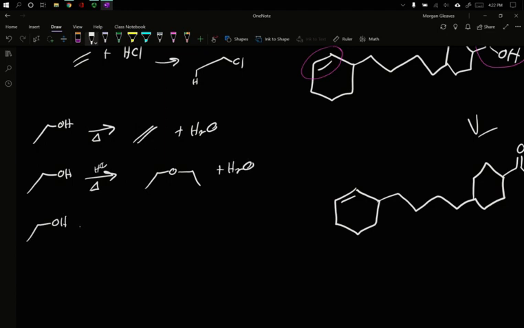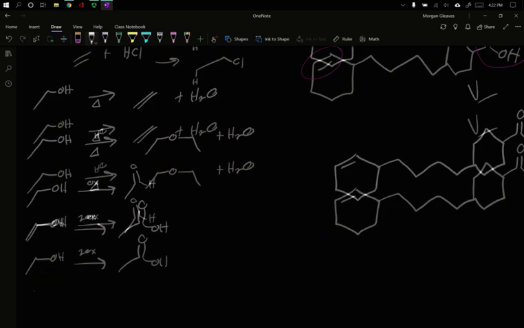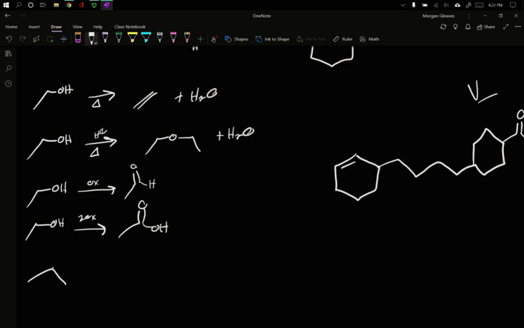For our alcohols, we could add an oxidant and get an aldehyde. For our alcohol, we could add 2 equivalents of oxidant and be certain of getting a carboxylic acid. And for a secondary alcohol, we could add an oxidant and get a ketone. And so here's a series of tools for when we see an alcohol group.